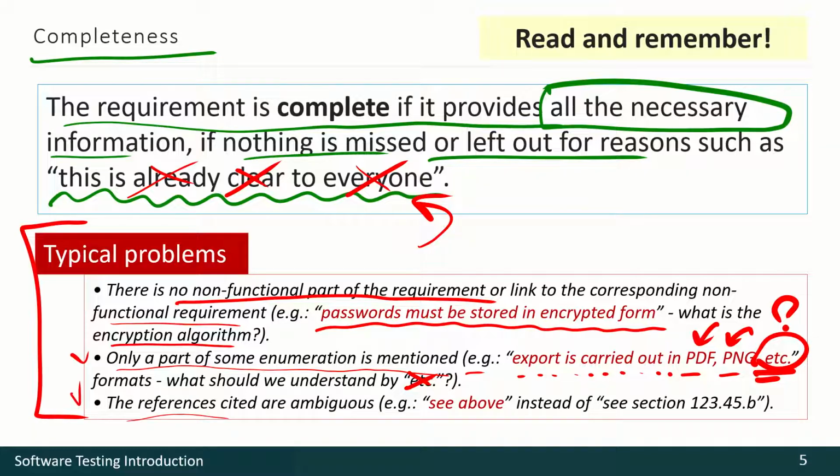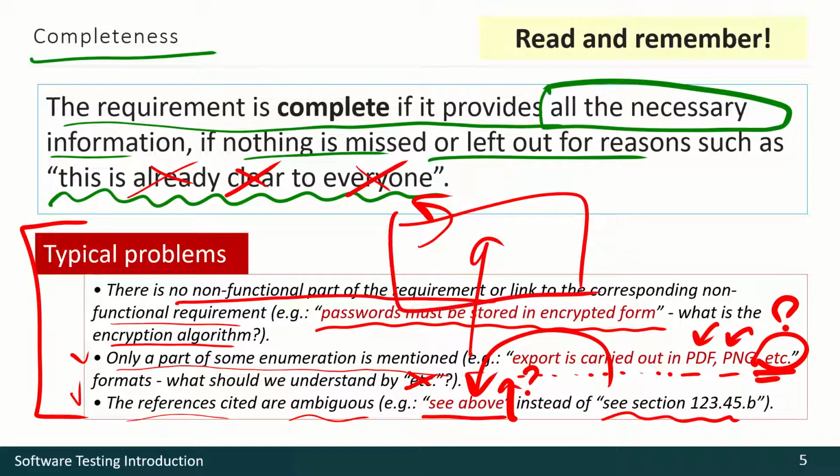Or maybe references are ambiguous. See above. Above where? There should be a clear reference. This is extremely dangerous if we are working with some web-based requirements management tool. Where is the above there?